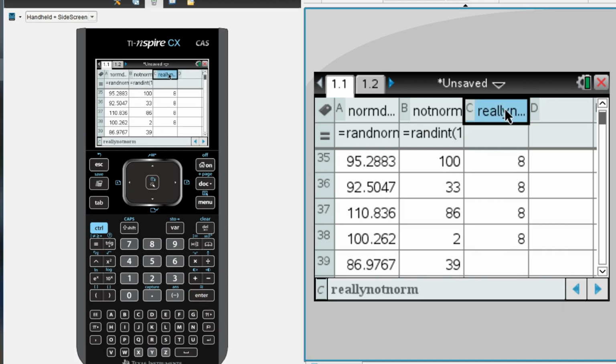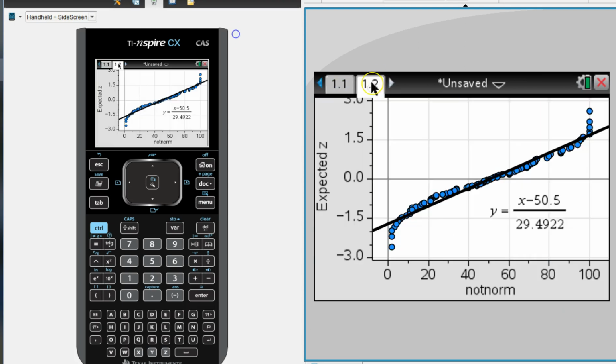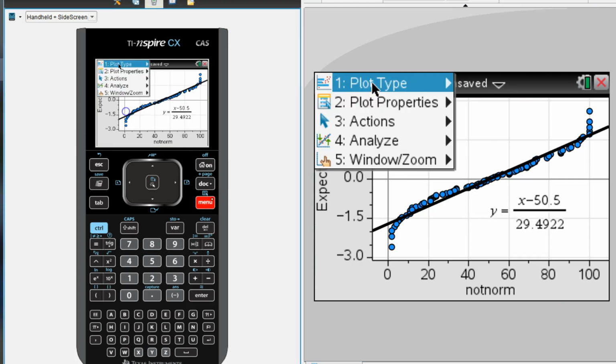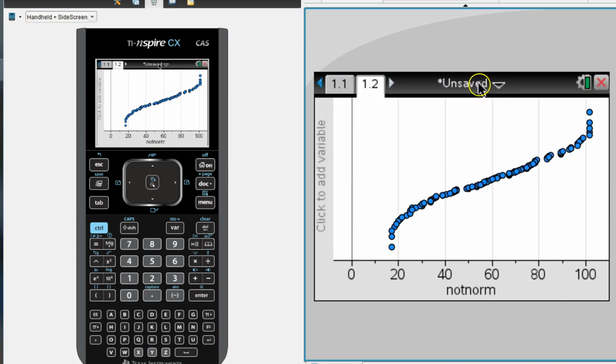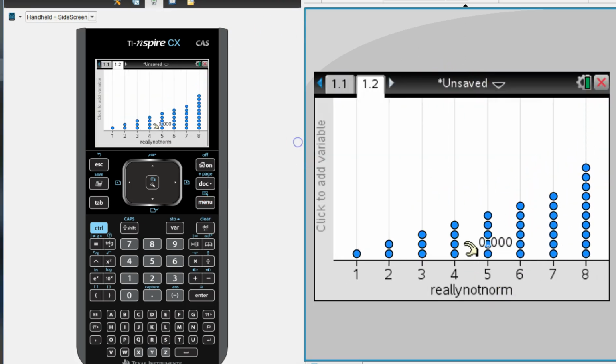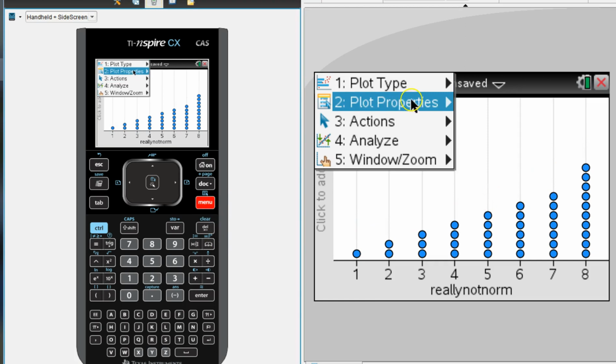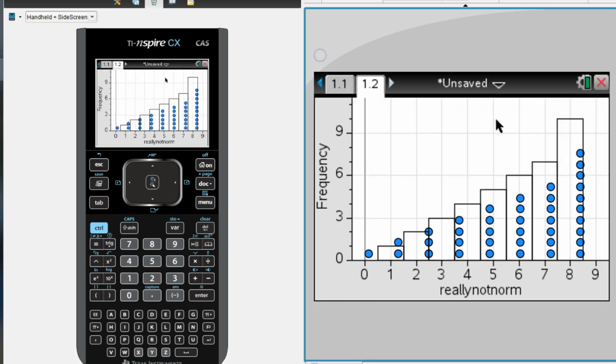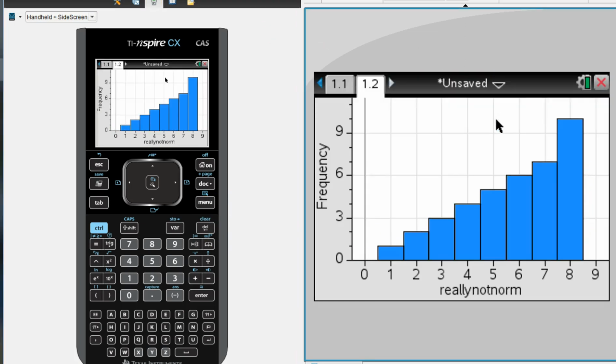Okay? Remember, if you're going to graph it, you have to name it. If I go to this and change it back to the dot plot so we can see, to the really not normal, this is not at all normal looking, right? If I look at my histogram, that's not normal.